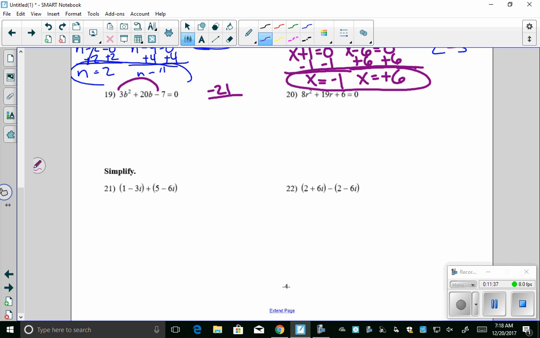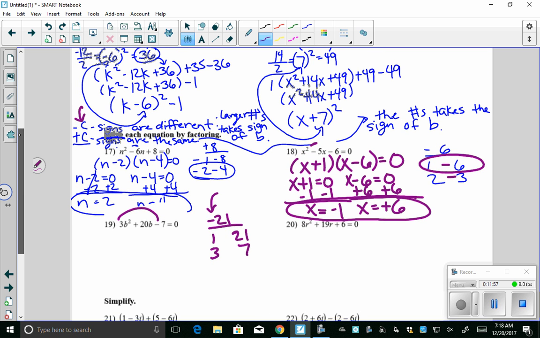Factors of negative 21. I got 1 and 21. Three and 7. And that's it. Here again, my number is negative.